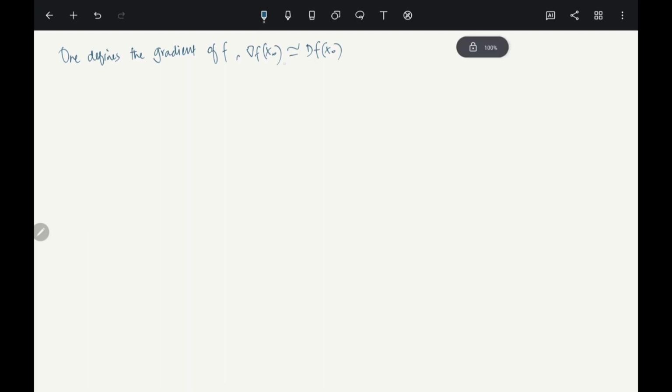Clear? And the gradient will be a function, and the gradient of f at the point x naught we identify as d1 f x naught, up to dn f x naught. So basically this will be a vector in Rn.